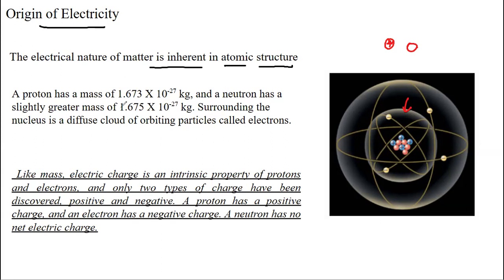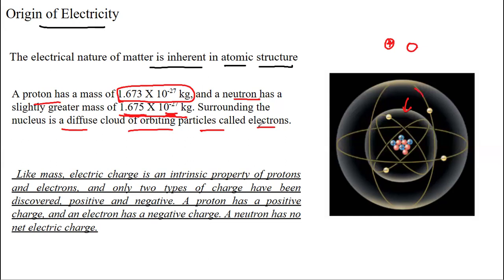A proton has a mass of 1.673 times 10 to the power minus 27 kg. Okay, and if you look at the neutron, it is slightly greater in mass, which is 1.675 times 10 to the power minus 27 kg. Surrounding the nucleus is a diffuse cloud of orbiting particles that are called electrons.